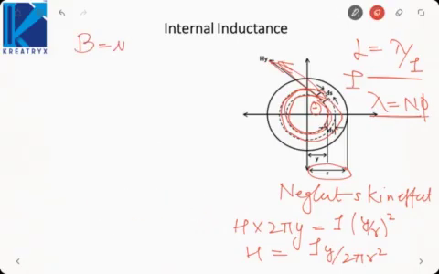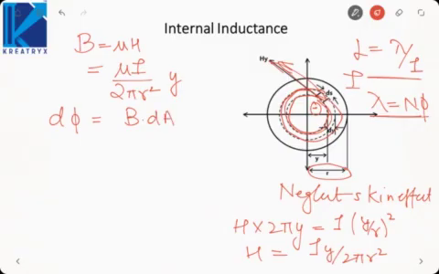B will be taken as mu H, so it will be mu I by 2 pi r square into y. Now to determine flux we need small area. Now to take a small area, it will be mu I by 2 pi r square, L dy.